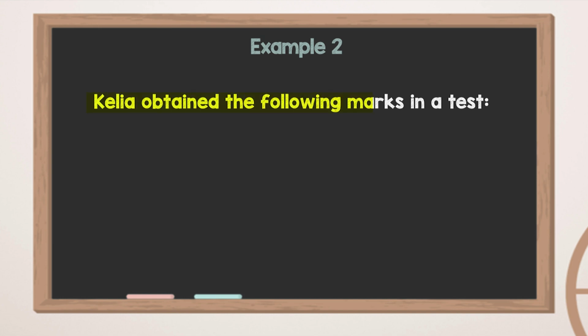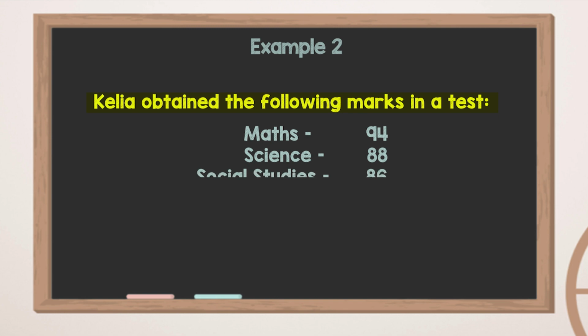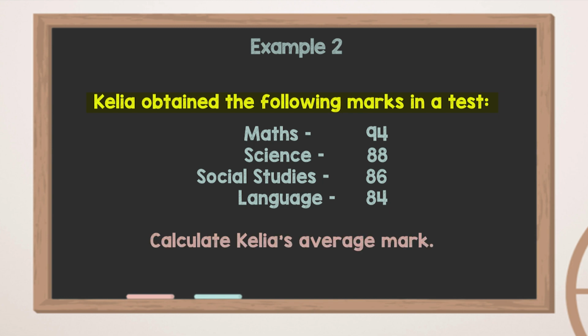Kelia obtained the following marks in a test: Maths 94, Science 88, Social Studies 86, Language 84. Calculate Kelia's average mark.